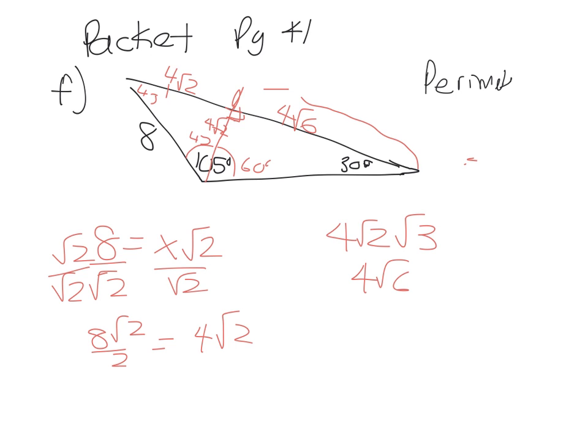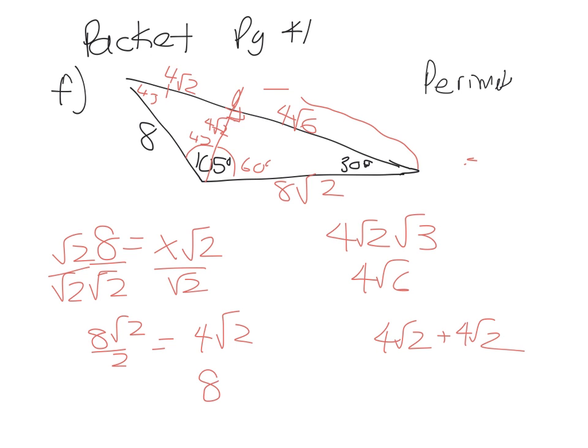And then I need the hypotenuse of that 30, 60, 90 right triangle, which would be 4 radical 2 plus 4 radical 2, which is 8 radical 2. So now my perimeter, they want an exact value, so I'm not using a calculator.